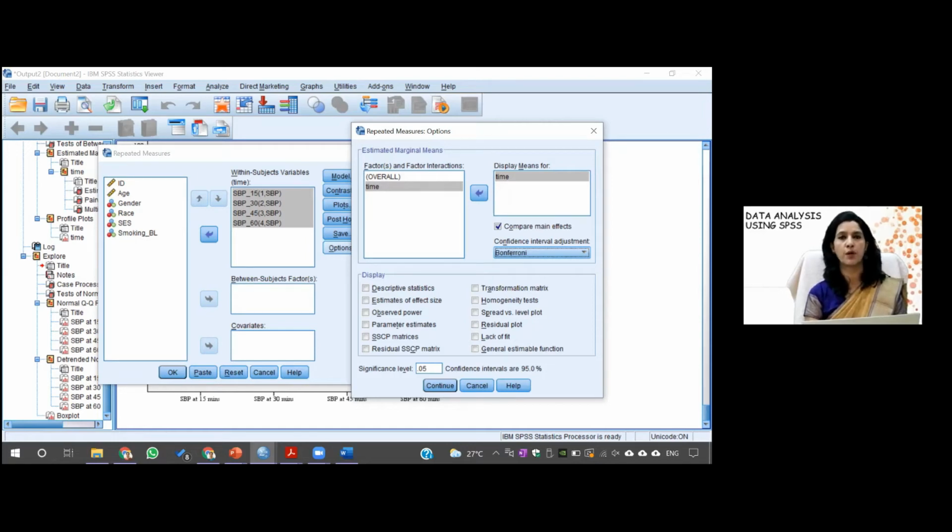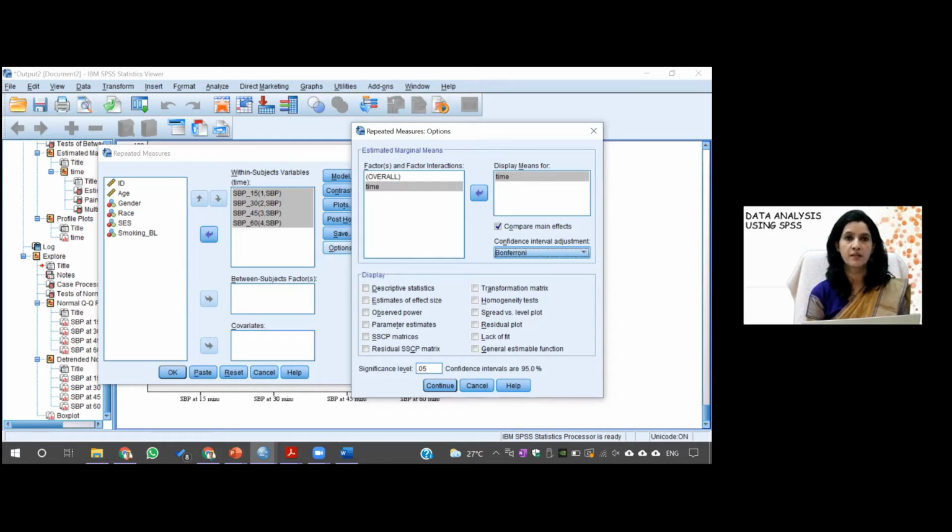Most of you must have heard about the Bonferroni correction before, because 5-10 years back, mostly we used to have this Bonferroni correction only. Then a lot of other corrections came, and we started using other post hoc analyses.